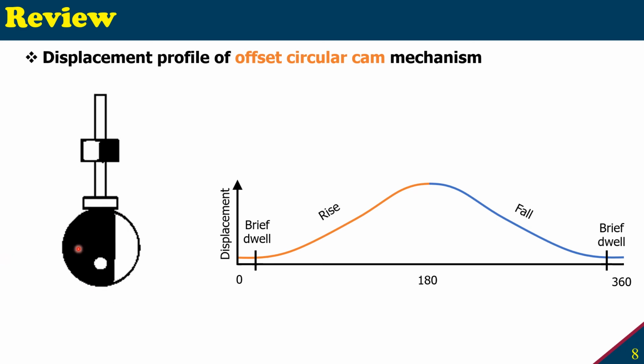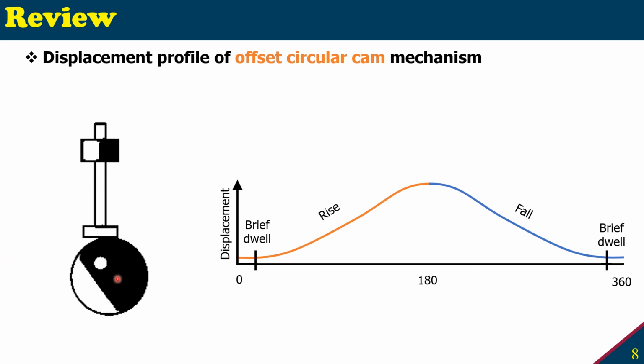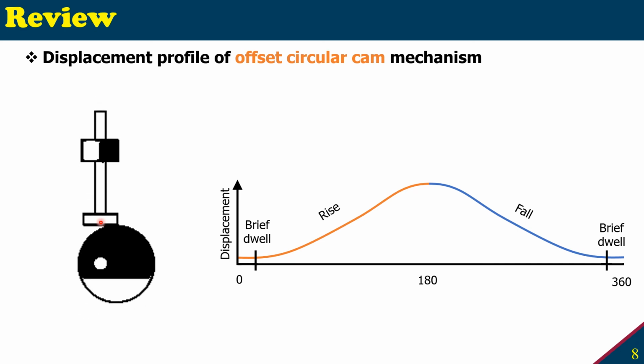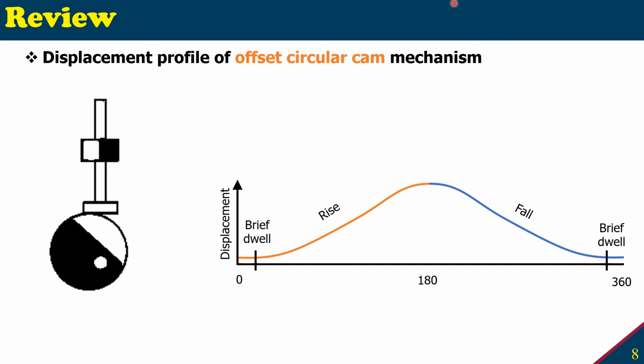We can use this cam mechanism in both directions, counterclockwise or clockwise, and we can use all 3 types, flat, roller, or knife edge follower with this one, but a roller follower will work more accurately with this type of offset circular cam mechanism.